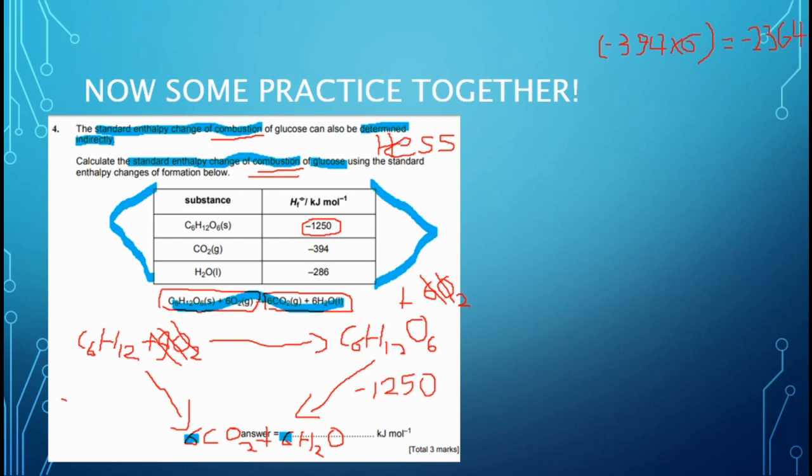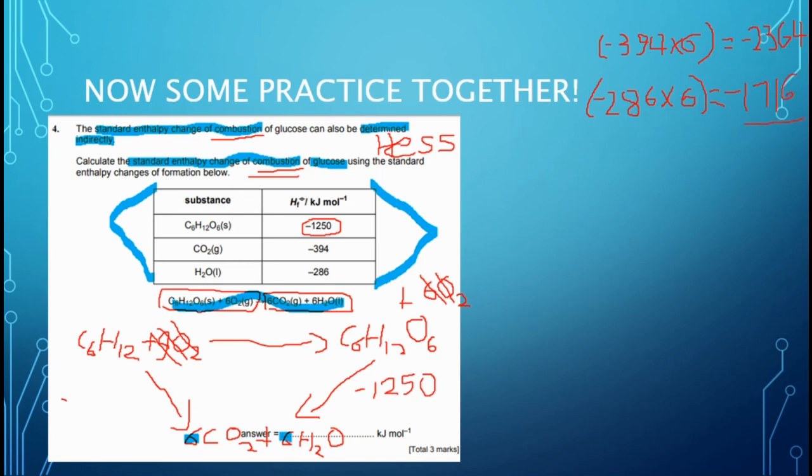They're very important to this equation. Now you want to find out your water. So let's do this: minus 286 times 6 equals, and we see that our value here will be minus 1716.